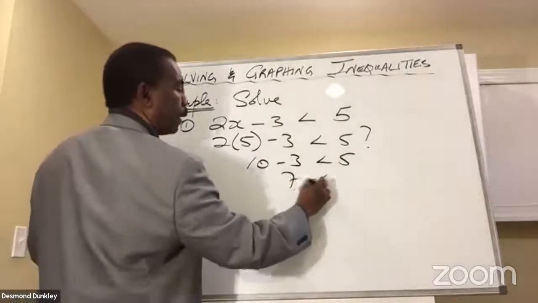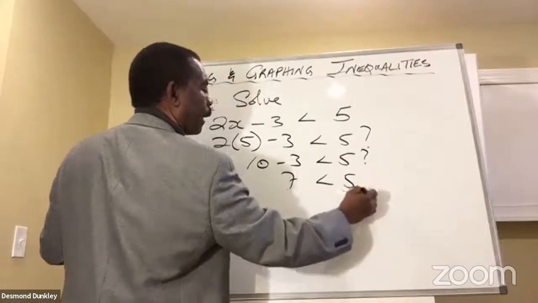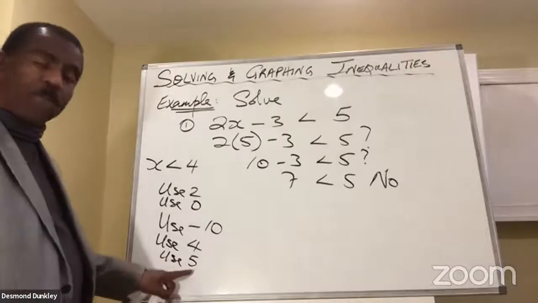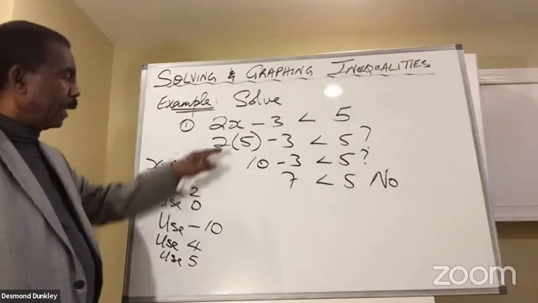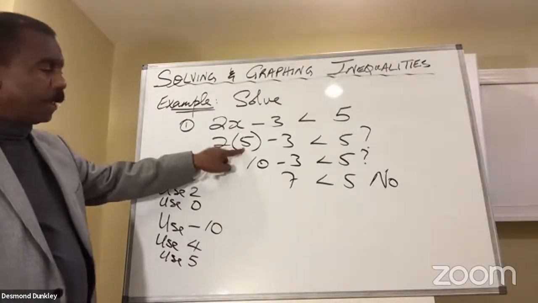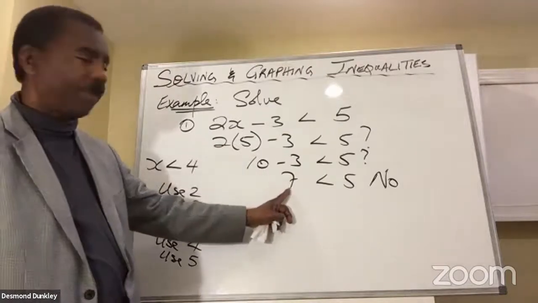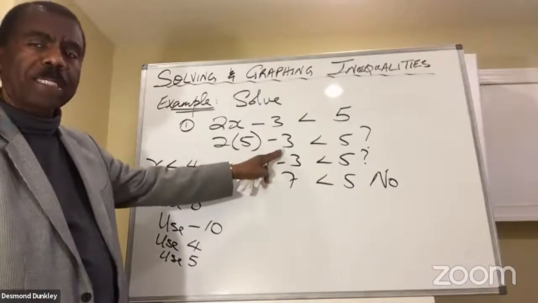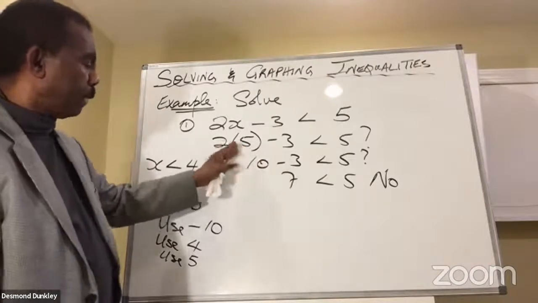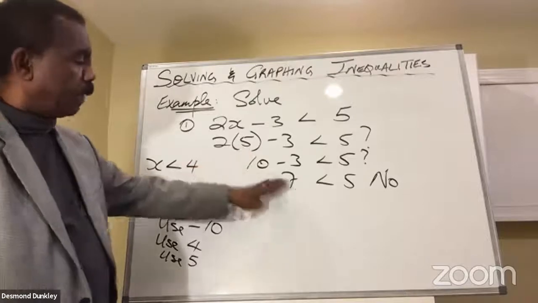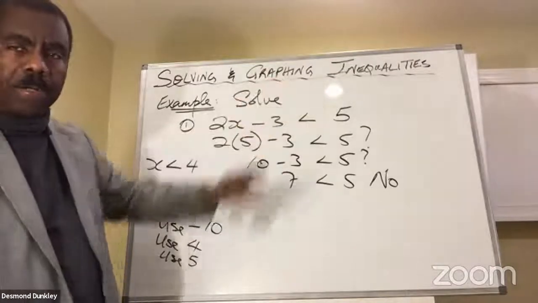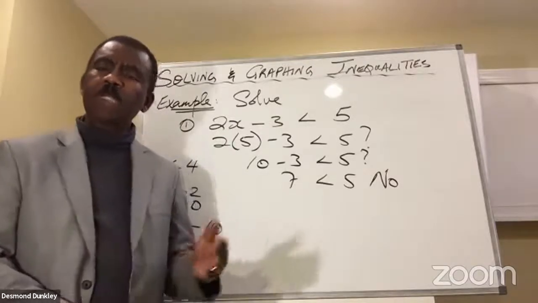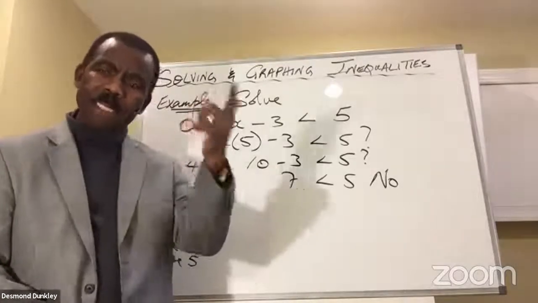Is 7 less than 5? No. So we realize that 5 would not work. And any number you use above 5 is going to give you an answer bigger than 7, because 2 times 20 is 40, take away 3 is 37. So whatever number you use bigger than 4 is going to end up with a number that is bigger than 5.